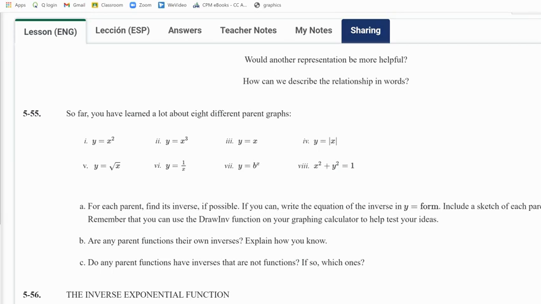This can be seen by the equations, or it can be seen in the graphs. And then part C, do any parent functions have inverses that are not functions? Yes, so a parabola, when you find the inverse, it turns into a sideways parabola, which is no longer a function. And then the circle, it turns into a circle, which we already know is not a function.